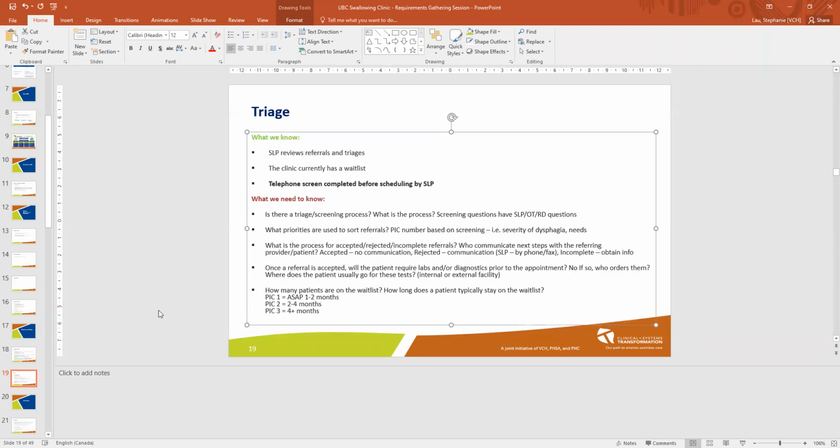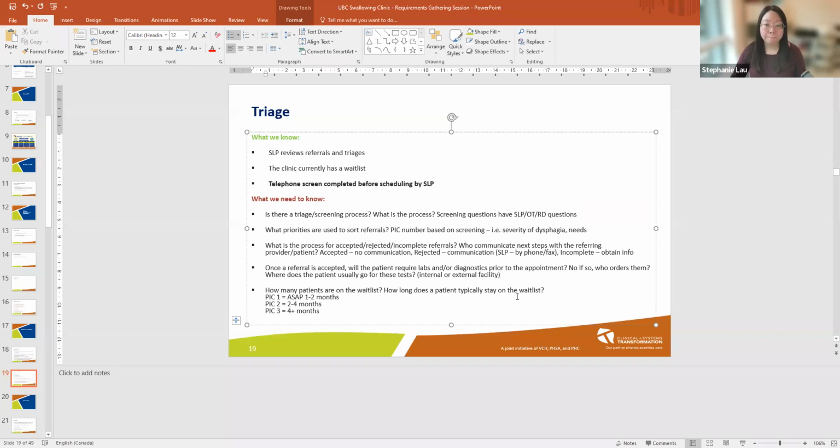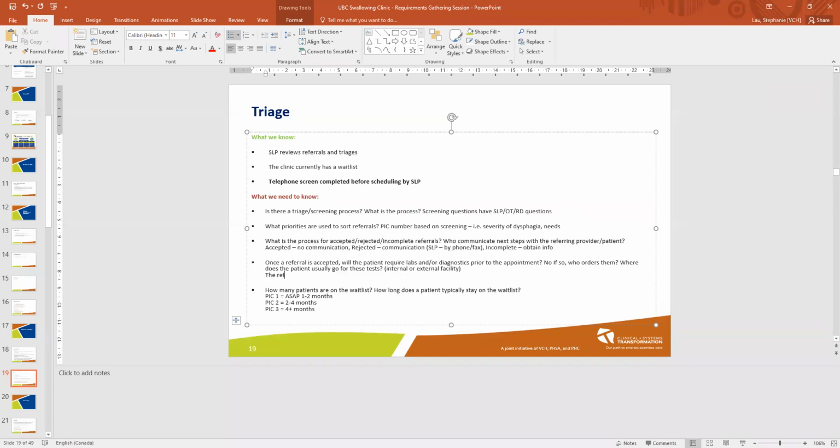Hi, Steph. Sorry, can we go back to the second last question about the diagnostics? How are you getting the requisitions from the referring providers? Are they faxing the requisitions for the swallow to you as well currently? Yeah, so the actual referral form is a requisition with a physician signature on it. Are these physicians family practice, or are they from VGH, or could it be anywhere?